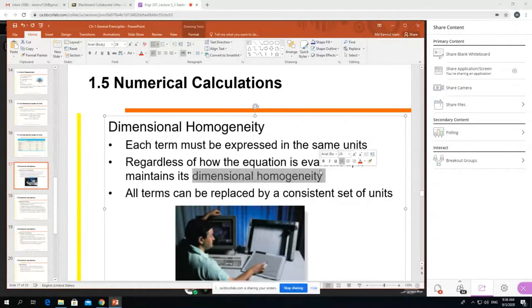Homogeneity means when you write an equation, every term has to be written in the same unit. So I will show the example. If you know, it's fine. If you don't know, you can know it now.